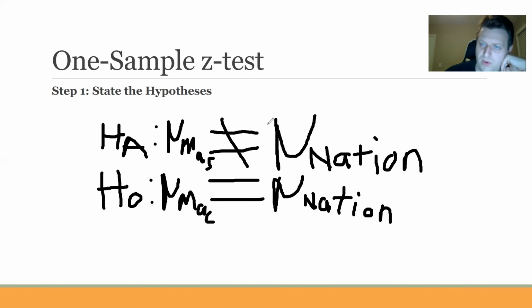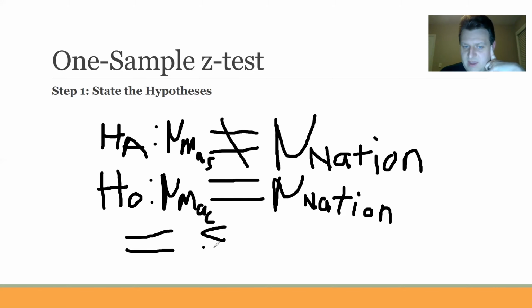Here's a hint to help you on how you write these null hypotheses and alternatives. For the null, there's always going to be an equal sign in the null hypothesis somewhere. It's either going to be an equal sign like this, or it's going to be a less than or equal to, or a greater than or equal to. But this equals part is always going to be here for the null hypothesis.